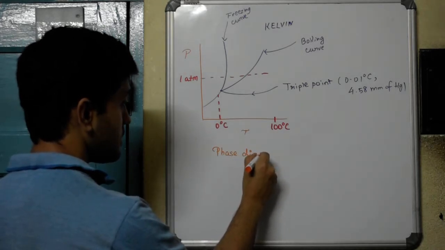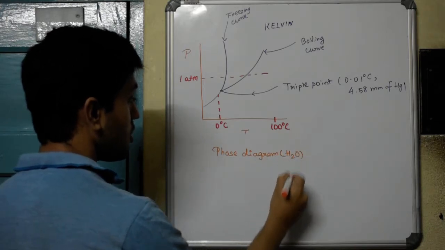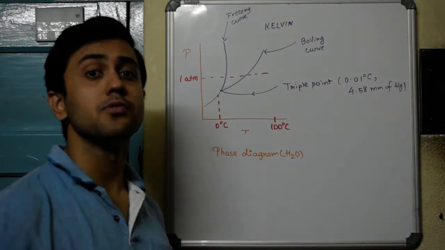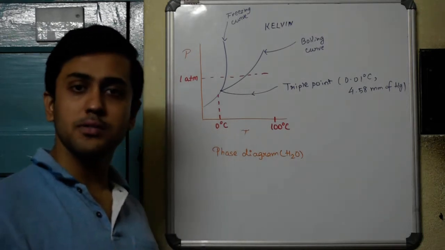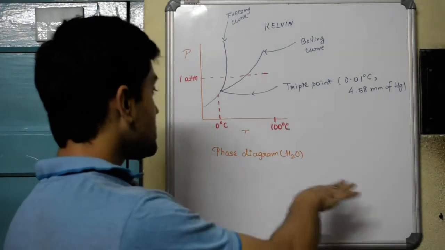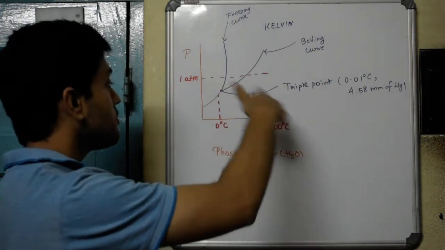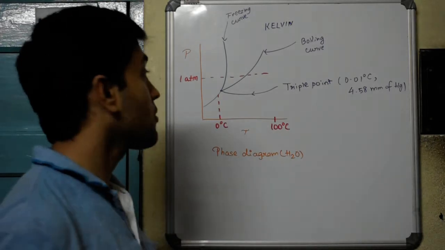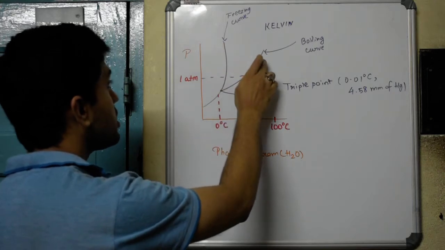The phase diagram, in this case, of water, H2O. You can have phase diagrams for CO2, for ethane, for ethyl alcohol, and a lot of substances. Each and every substance, when you represent it in this manner of pressure versus temperature curve, that's a phase diagram. From this phase diagram, we get to see 1, 2, 3 curves.